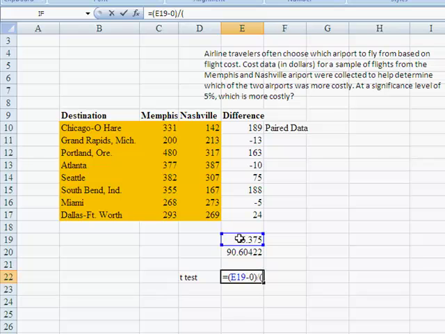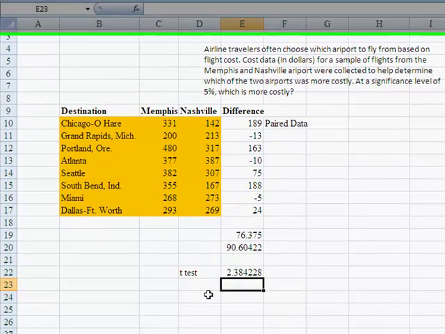Divided by my standard error, where my standard error is the standard deviation divided by the square root of n. Well, how many observations are there here? 1, 2, 3, 4, 5, 6, 7, 8. There are only 8 observations in this difference data set, so the square root of 8. Okay, so there's going to be my t-test.